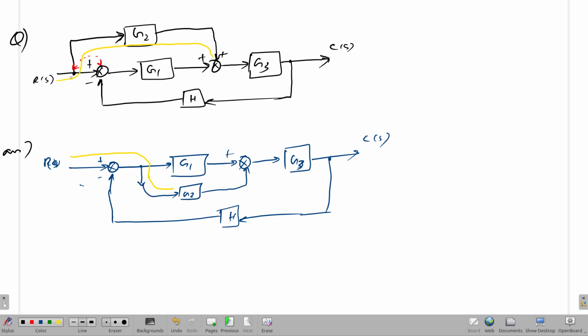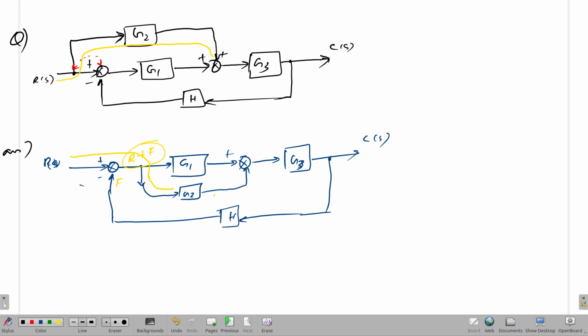Here actually only RS is being multiplied with G2, but here it is RS, and here it is CS into H, or whatever, let's call this F, whatever is coming here. So at this point, what is there? R plus F is there.